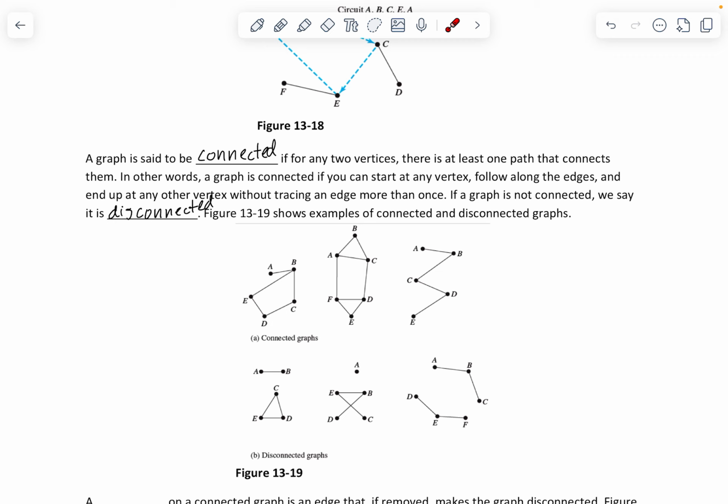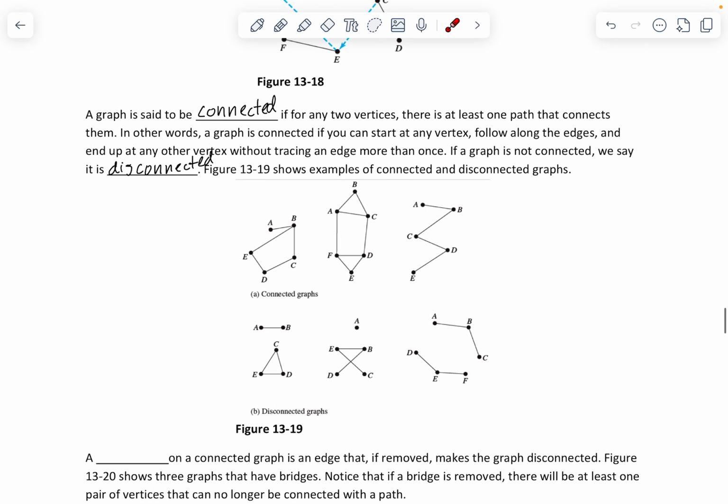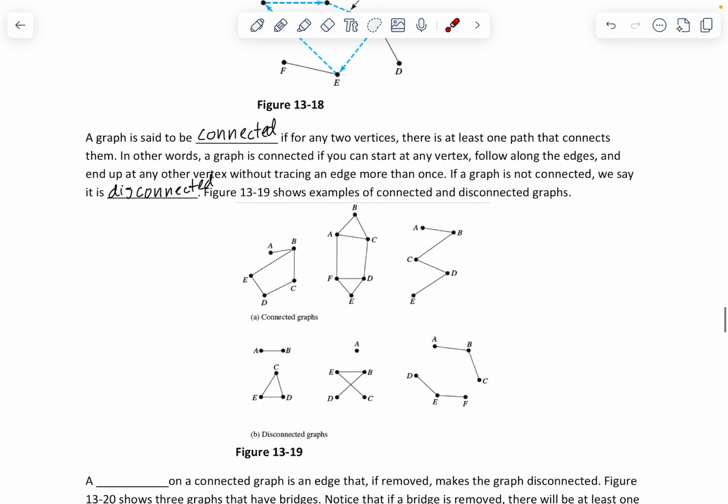You can see they're disconnected because they have sections that are not connected by any edges.